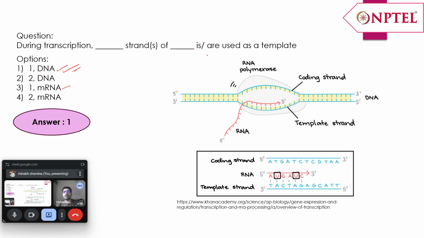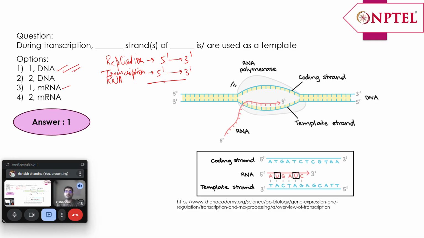What we know is the replication takes place in 5 prime to 3 prime direction. Same is the case with transcription. It also takes place in 5 prime to 3 prime direction.